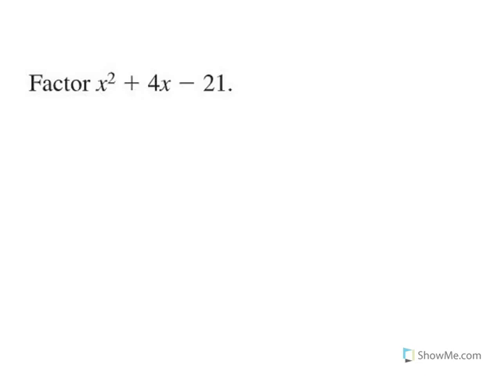Okay, now let's notice that in this one, B is positive and C is negative, so it's going to be a different rule. Okay, so the steps are the same. So first, let's just think, what multiplies to be 21? Well, 3 times 7, 1 and 21. I think that's it.